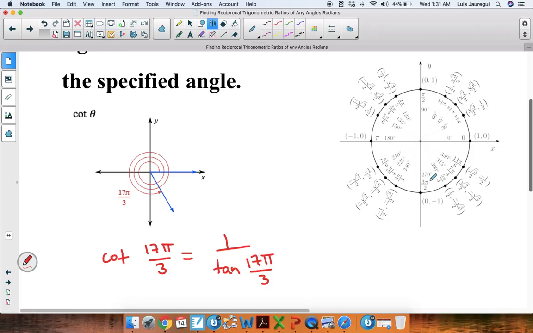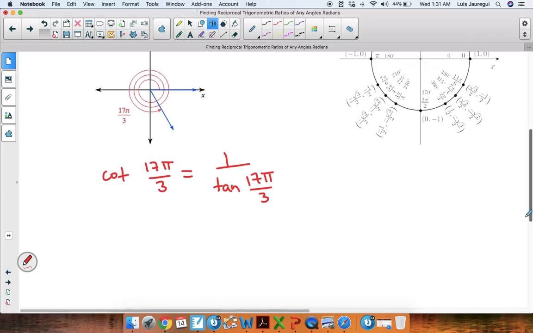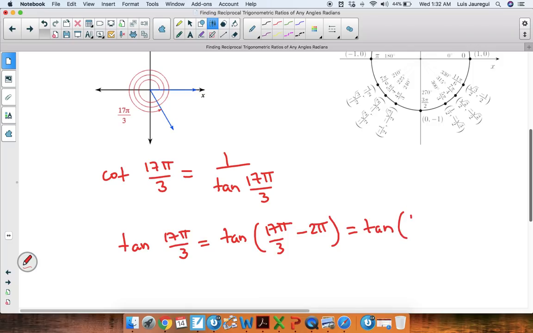Now 17 pi over 3 is not an angle on the unit circle. So we're going to focus our attention on tangent of this particular angle, and we're going to take the tangent of coterminal angles here. So tangent of 17 pi over 3 is the same as tangent of 17 pi over 3 minus 2 pi, which is the same as tangent of 17 pi over 3 minus 2 pi times 3 over 3.